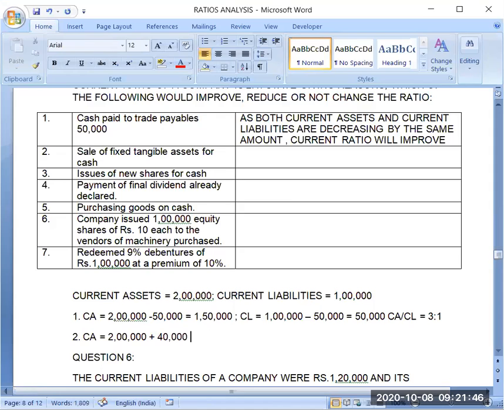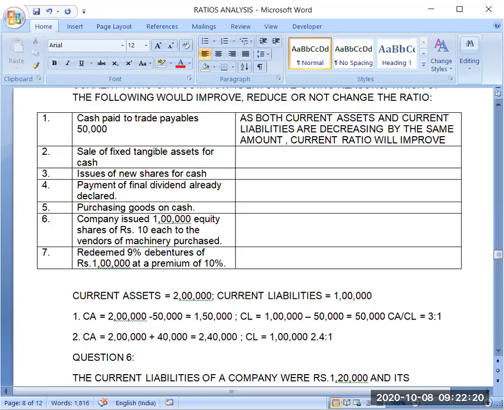So your current assets will become 2,40,000. Now see your current liabilities. Because you are selling your fixed assets and you are receiving cash, there will be no change in current liabilities. So current liabilities will remain the same. Now if I calculate the current ratio, it will be 2.4 ratio 1.